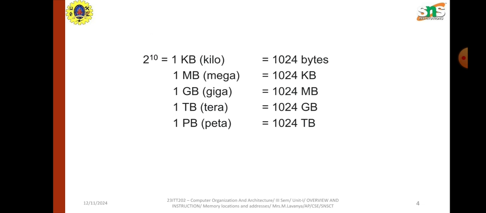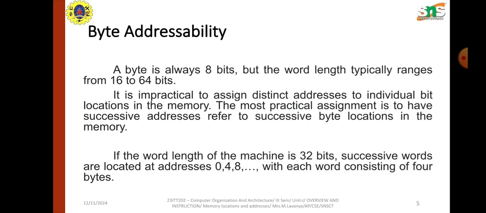And these are the values of a few memory address parameters, where 1024 bytes is equal to 1 KB, and how many KBs are equal to 1 MB, and it goes on for GB, TB, PB, and there are multiple values.